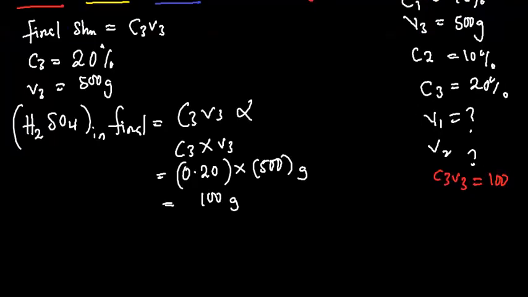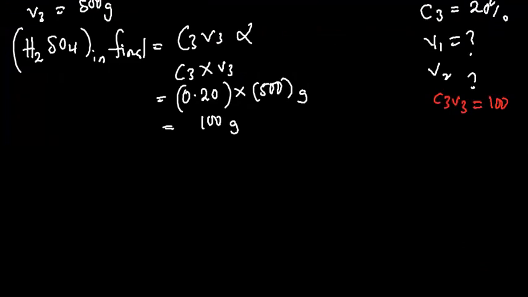Alright, let's proceed. Let's bring back our formula, which we said C1 V1 plus C2 V2 is equal to C3 V3. Let's bring back our data.